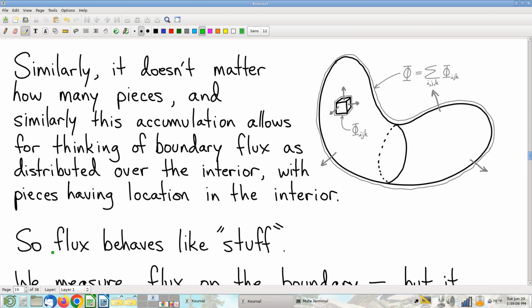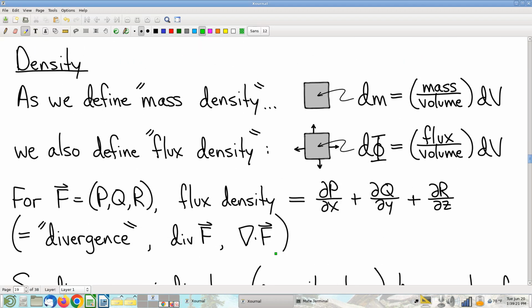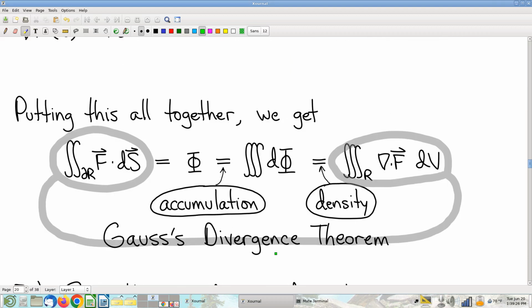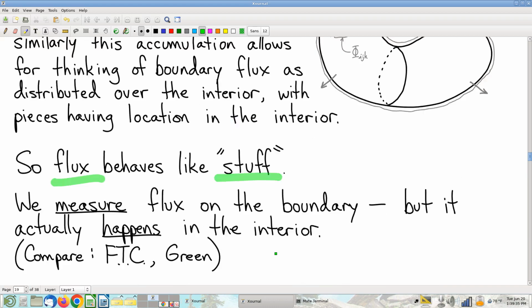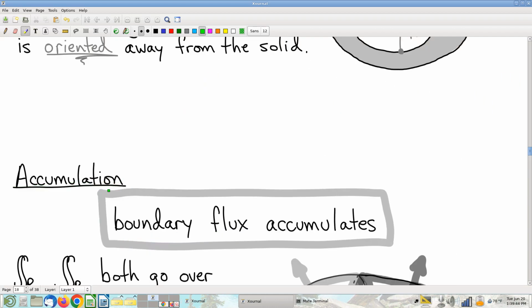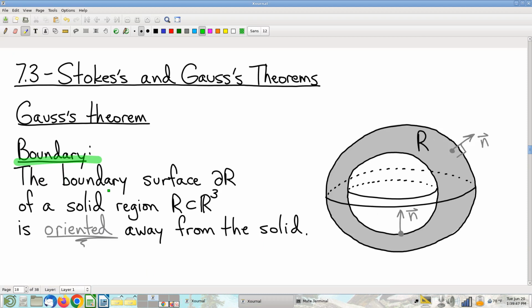And then I argued that this accumulating quantity behaves like stuff. It's not actually stuff, but it behaves like stuff, so we can treat it like stuff. And then computed or claimed an associated density and wrote down a theorem. So you'll see we're following that same roadmap here. Strategically, it's a very, very similar process. I like to point that out as we go, so be thinking about the analogy with Green's theorem. But we do need to worry about the details. They really do matter here.